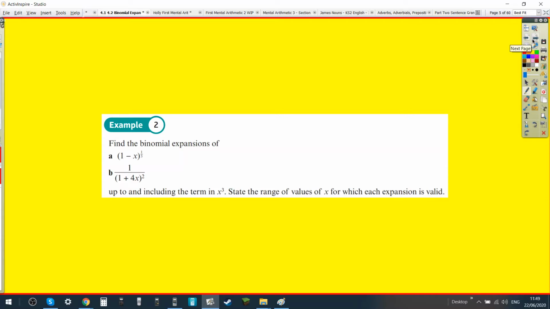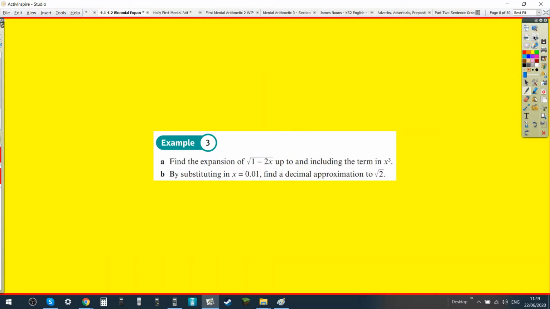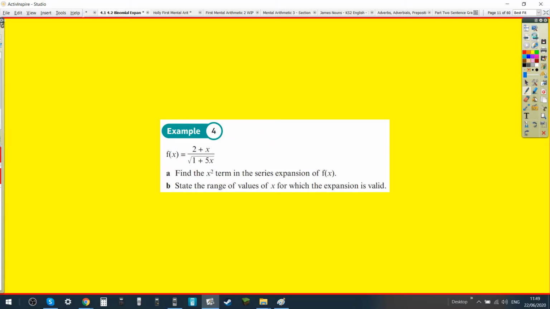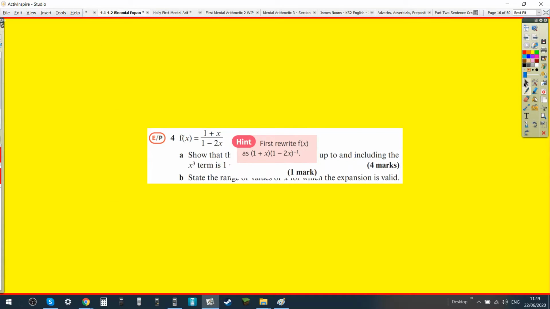Find the expansion of that. It's the same. We'll do it in a second. Okay, exam questions aren't messing around.